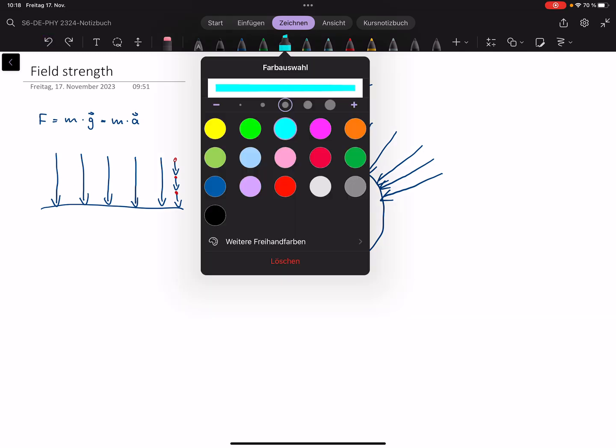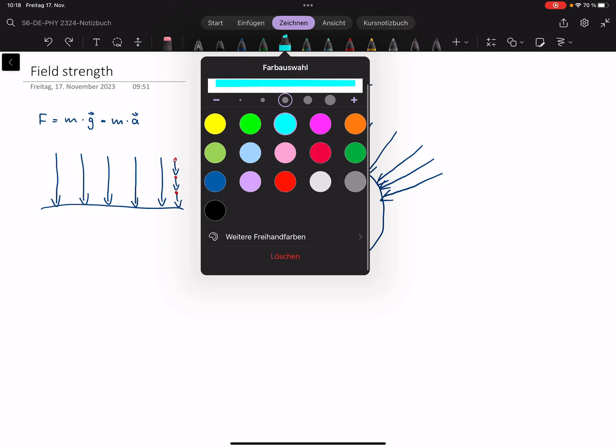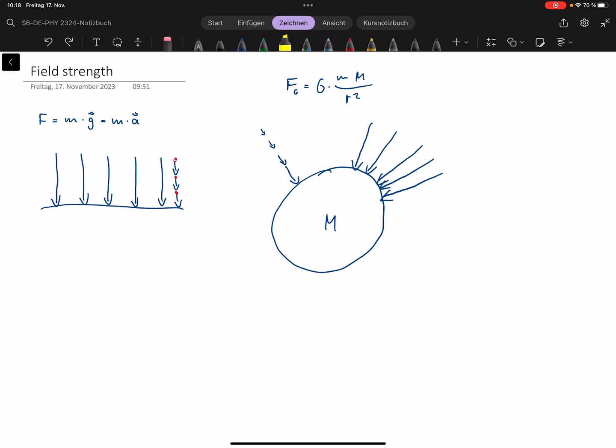What we can see in this picture here is, if we put a little surface parallel to the ground, something like a piece of paper, parallel to the surface here of the Earth, then we can count the number of field vectors that pass through that area or that face.